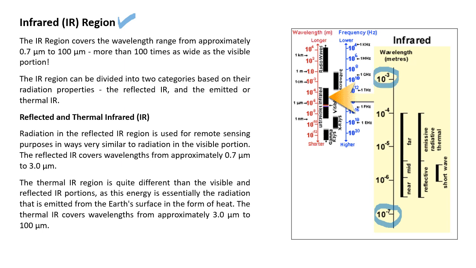Let me write here 0.7. This is one part of the reflected infrared. Look at this, this is 0.7 to 100 micrometer, and this part is only the reflected part.